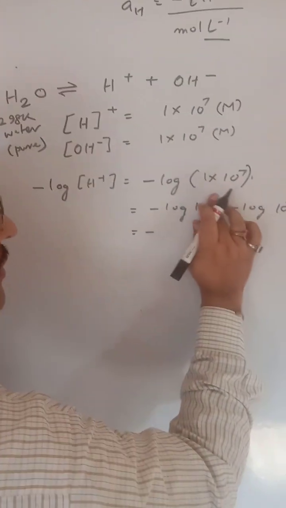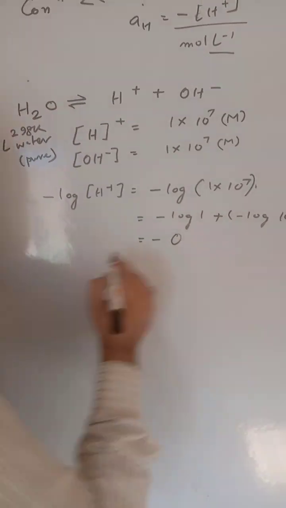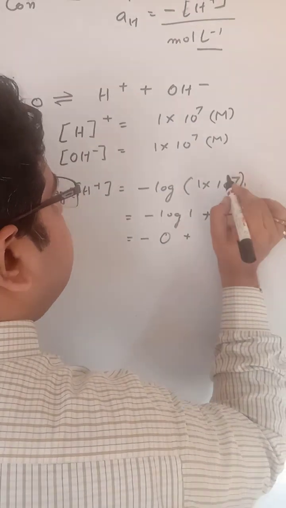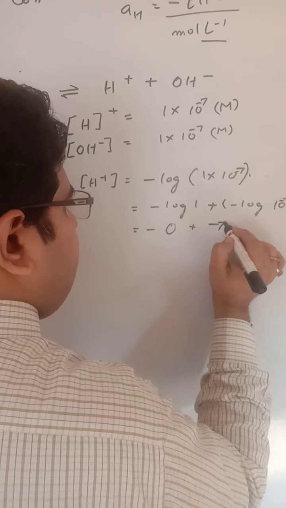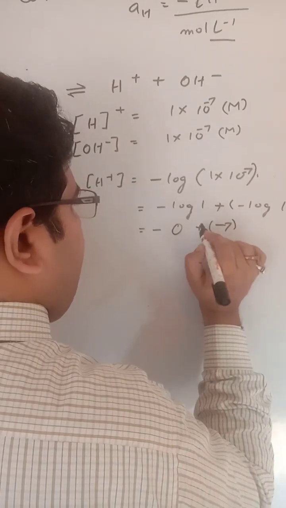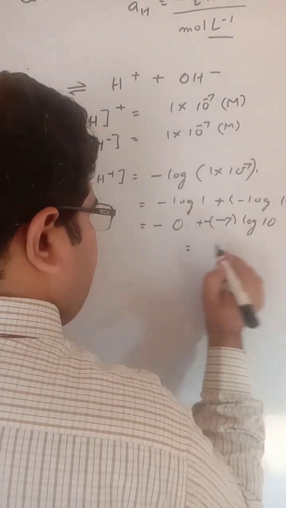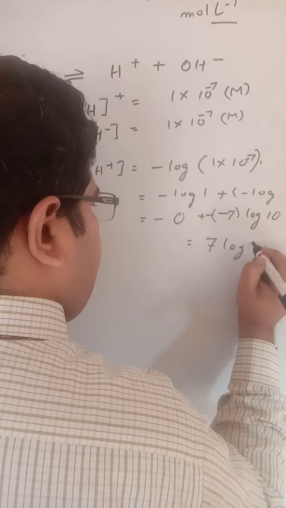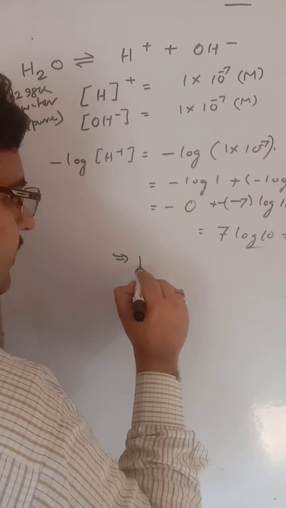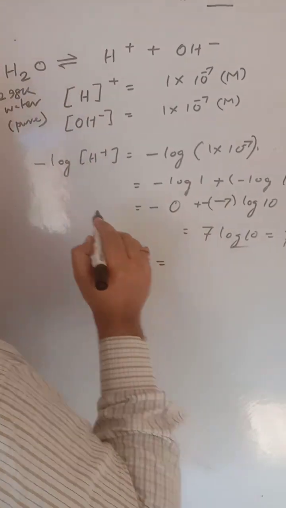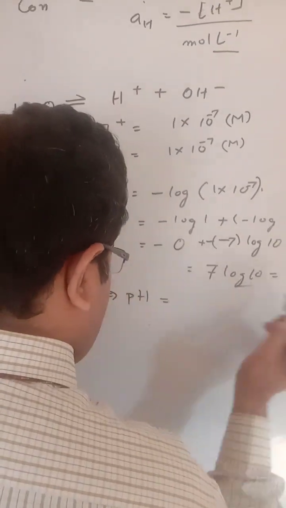Minus log 1 means 0, and the power is minus 7, so minus of minus 7 means plus 7, and log 10 means 1. So we can write that the pH of pure water at 298 Kelvin is 7.